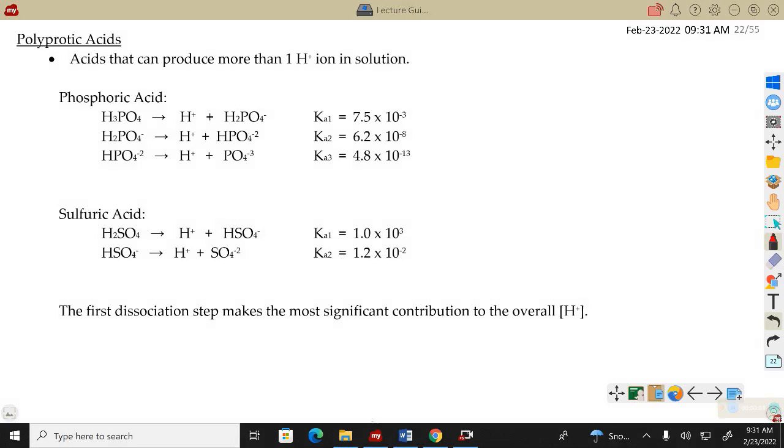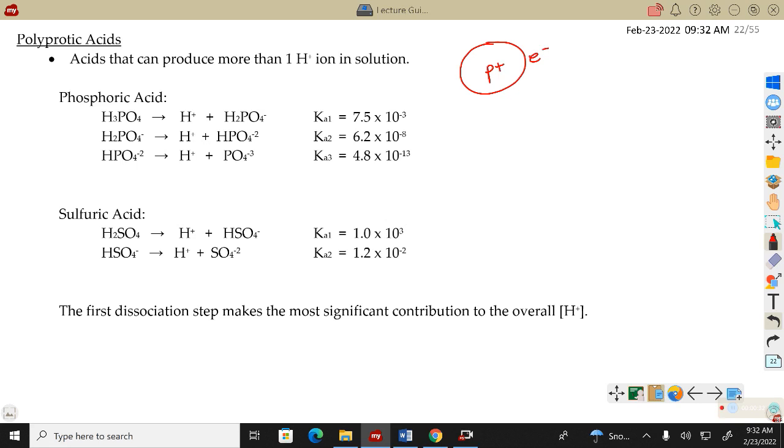Polyprotic acids are acids that can produce more than one hydrogen ion in solution. Now, the prefix poly means many, and technically protic refers to proton, but if you think about it, here's a hydrogen atom. A hydrogen atom only has one proton in the nucleus and one electron in its first energy level.